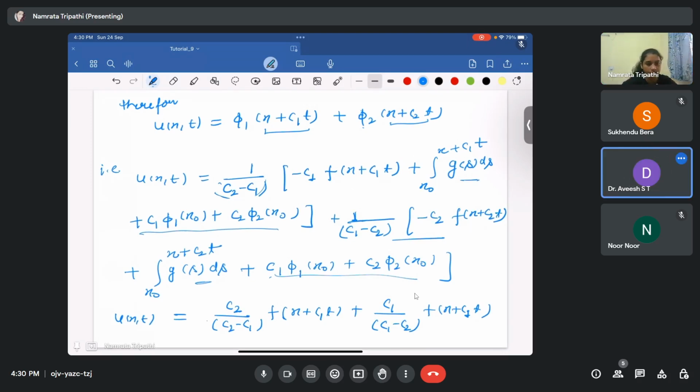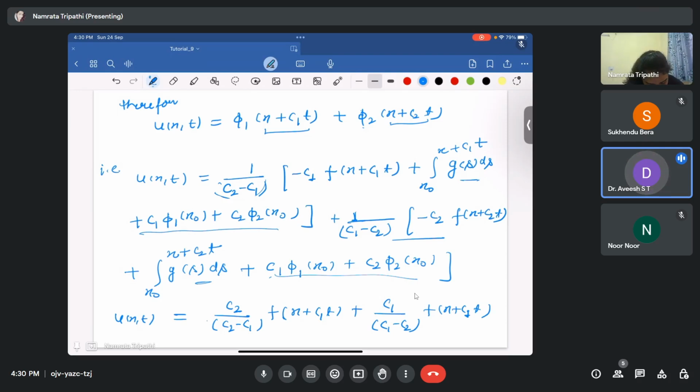Hello, ma'am. Yes. Ma'am, in the first type of problem, like find the solution of initial value problem or initial boundary value problem, if x belongs to the closed interval 0 to L is given, t is positive and L is positive, then there will be four conditions given.